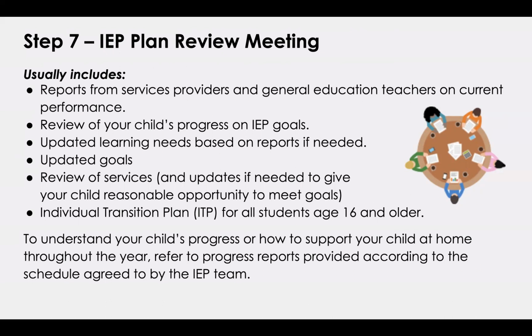And to understand your child's progress or how to support your child at home throughout the year, you could refer to progress reports provided according to the schedule agreed upon by the IEP team.